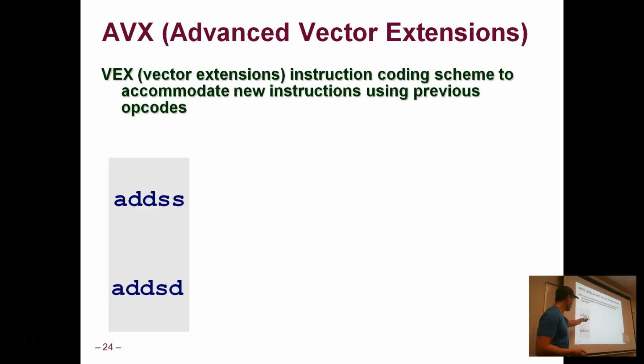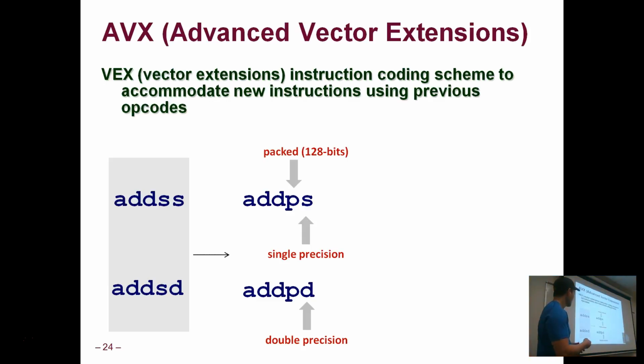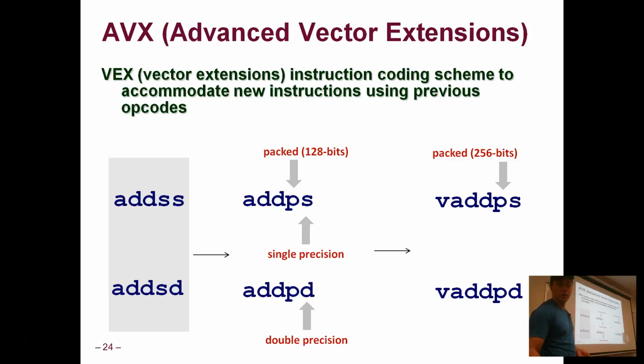Add scalar single precision, add scalar double precision. We went to SSE and we said add packed single precision, add packed double precision. And now we have this 256-bit packed add. And so we do a V add packed S. So all the V's mean 256 bits. Right?